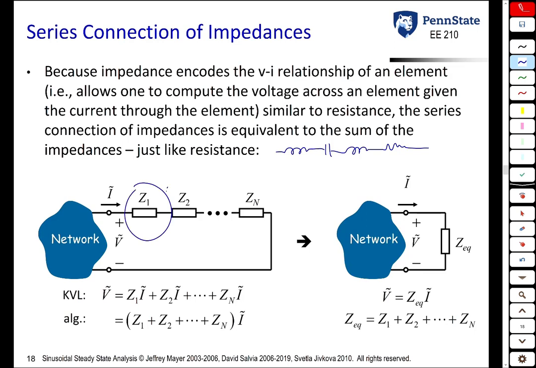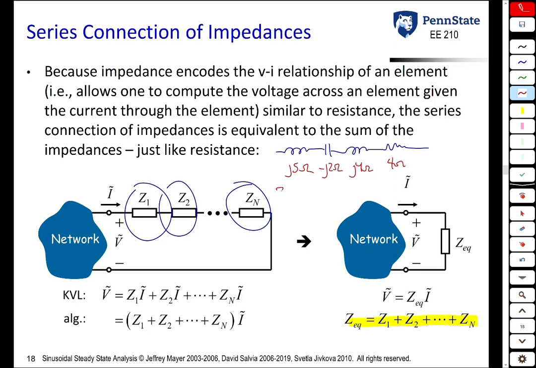So if you have series connected components, and these can be resistors, capacitors, or inductors, the equivalent impedance is just the sum of the individual impedances. But what happens now, because inductors are going to have positive imaginary impedances, capacitors are going to have negative imaginary impedances, and resistors are going to have real impedances, the equivalent is going to be a complex number that consists of both a real part and an imaginary part.